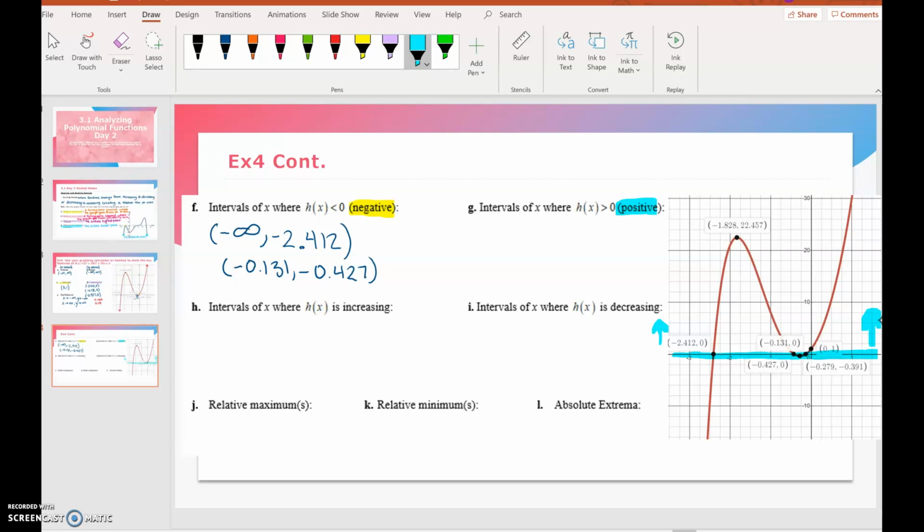So we have all of the pieces of this graph except for where we had just said it's negative. So now we're just going to cover from this part here all the way to that point, which would be from negative 2.412 all the way to this point here, so negative 0.131. So a good thing to notice is that we literally are just representing the entire graph right now.